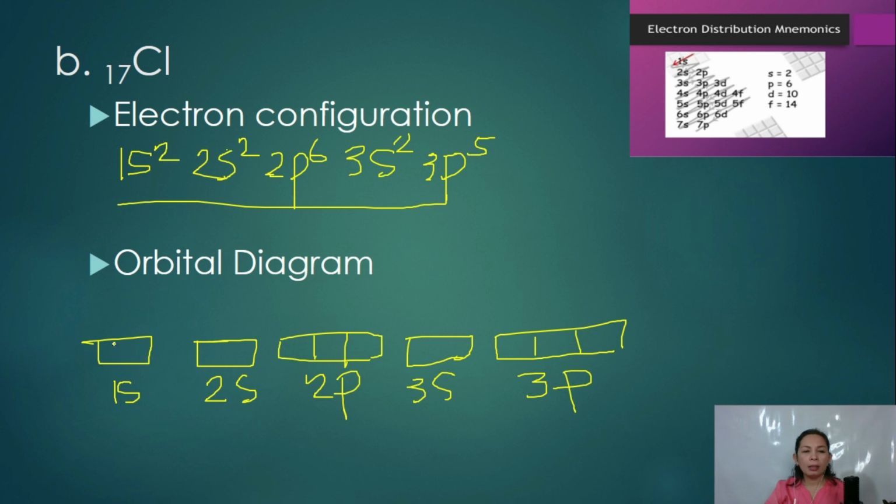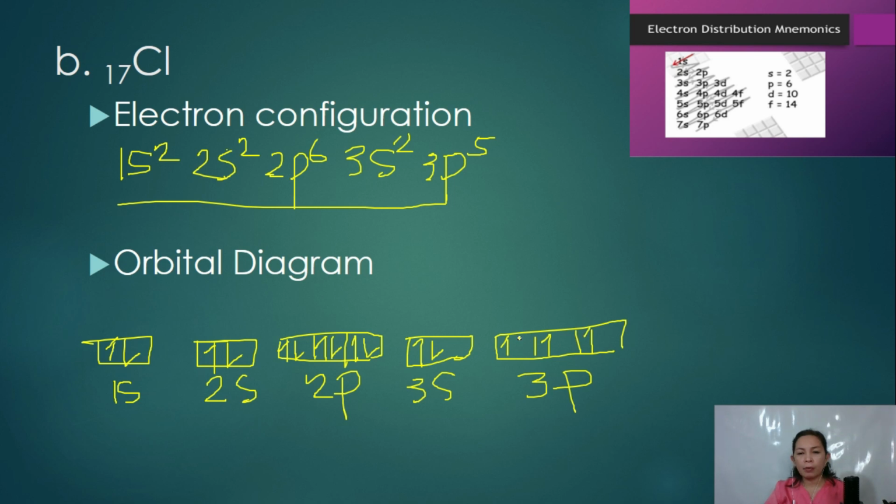Again, we have 1s filled with 2 electrons. Same with 2s. And 2p is also filled with electrons, and 3s is also filled with electrons. Whereas in 3p, we only have 5. So in distributing, we start with the first orbital, 1 each.